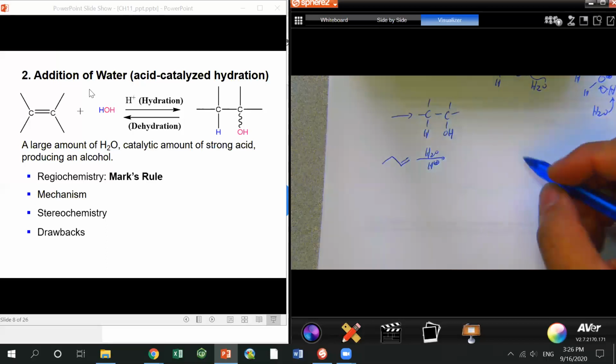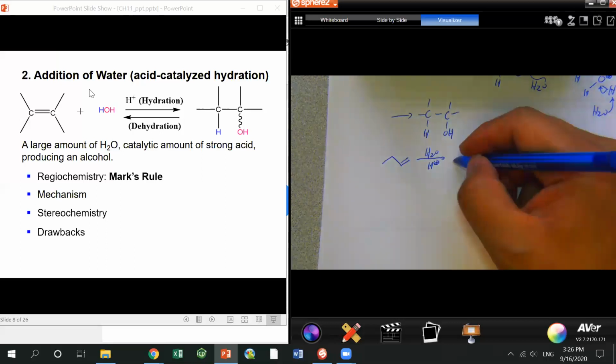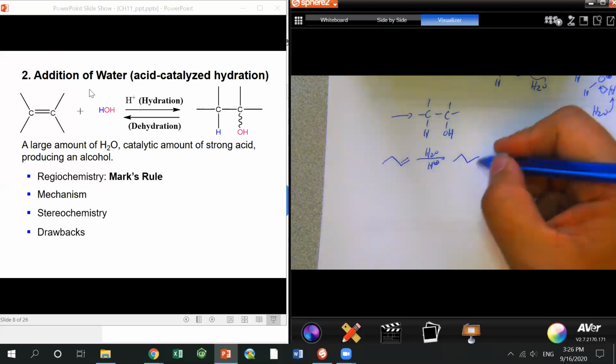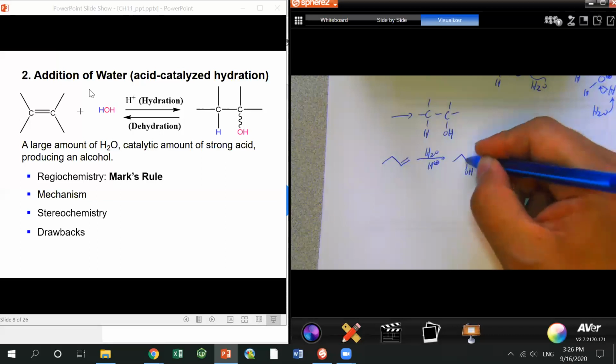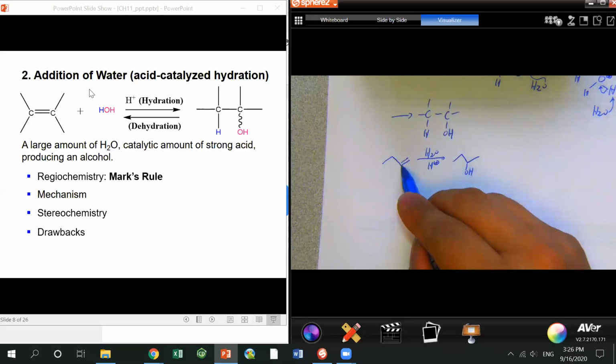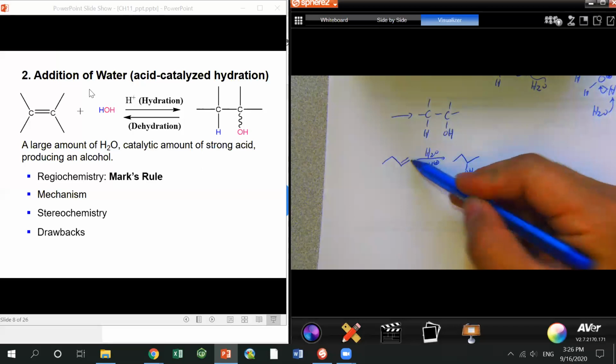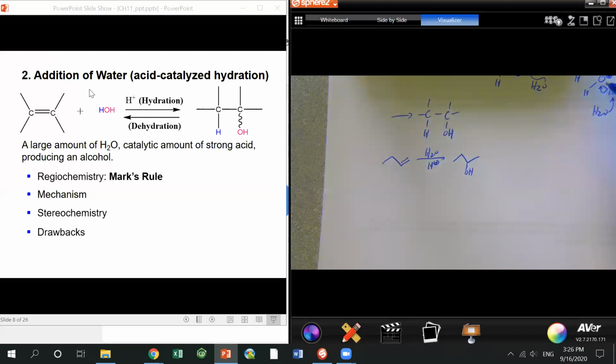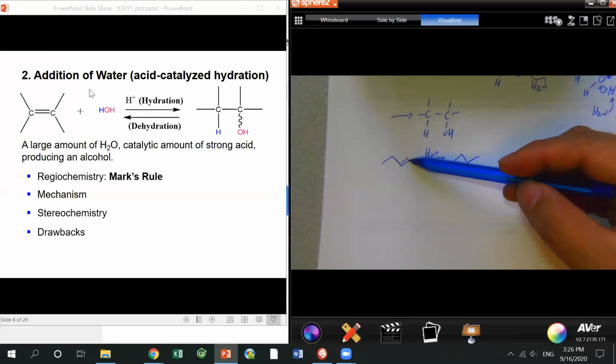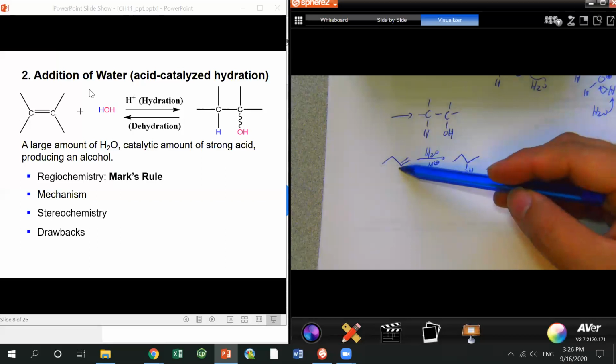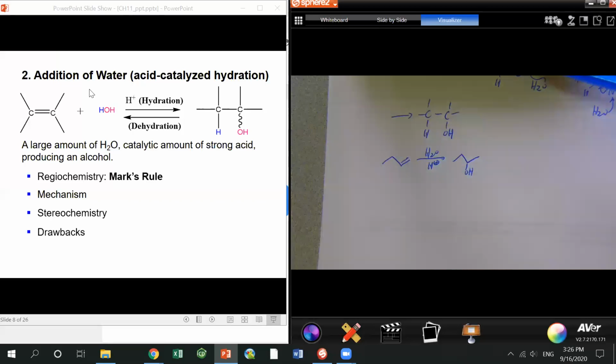The acid-catalyzed hydration also follows Markovnikov's rule, so OH goes to the internal carbon, and hydrogen goes to the terminal carbon with more hydrogens attached. The reason is very similar: we generate the more stable carbocation. If hydrogen goes to the terminal carbon first, we generate a secondary carbocation, which is more stable. I already showed the mechanism here.